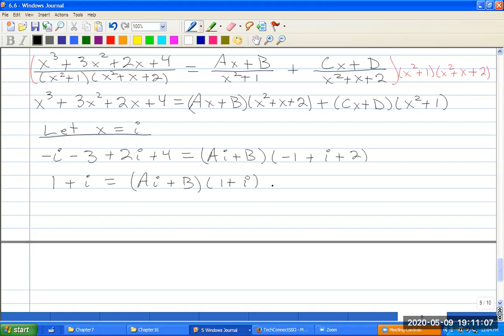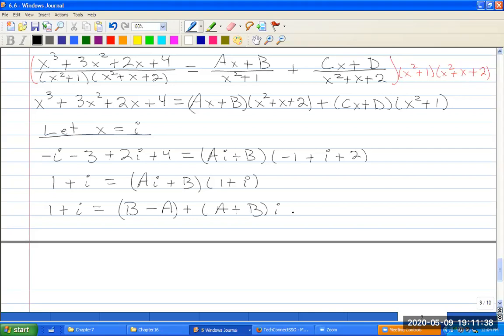Let me multiply this out. So I get B times 1 is B. Ai times i is Ai squared, which is a negative A, plus Ai times 1 is Ai. B times i is Bi.